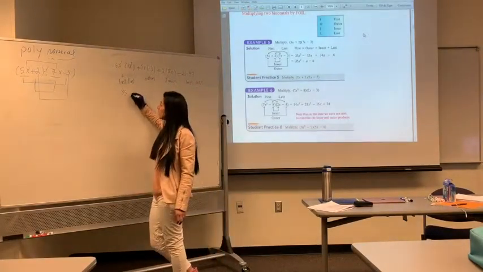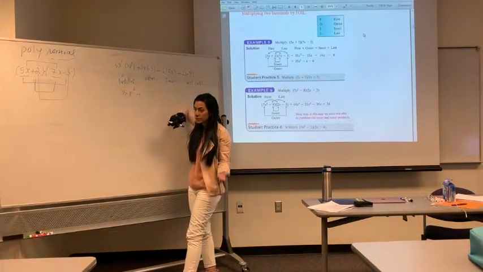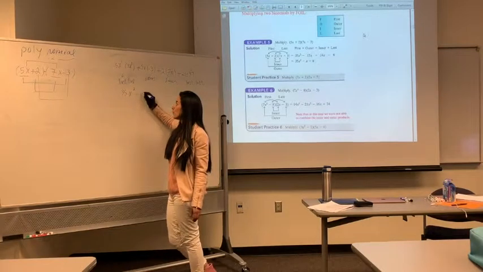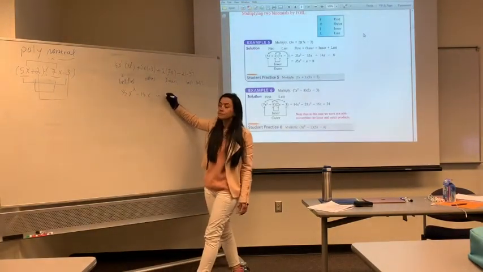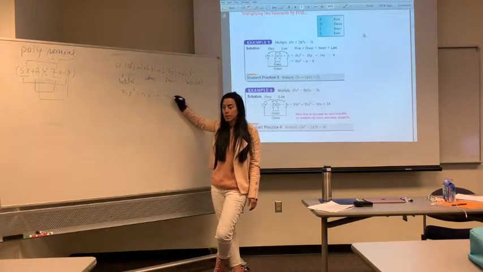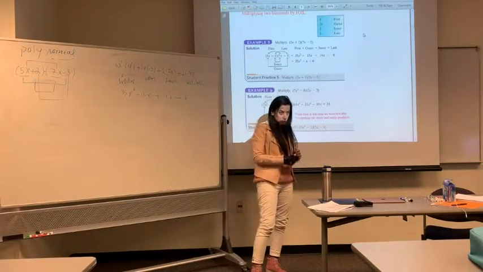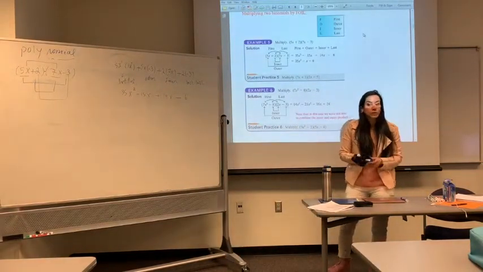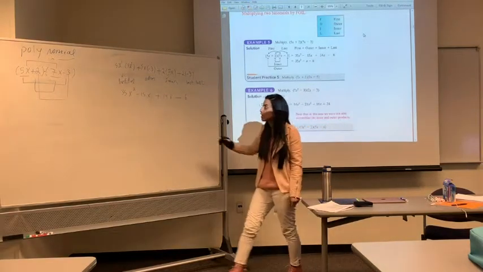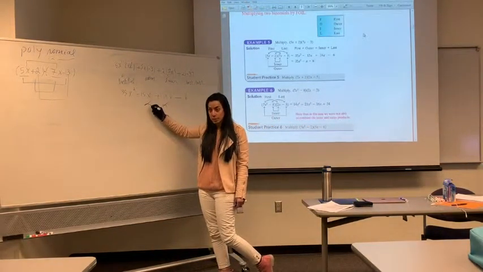So 35x squared, what you said, plus 5 multiplied by negative 3 is negative 15x, plus 14x, minus 6. And then you combine the middle ones. Exactly. After this, you should always look for the like terms because now we are adding or subtracting them, correct?